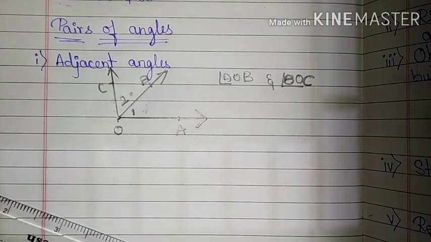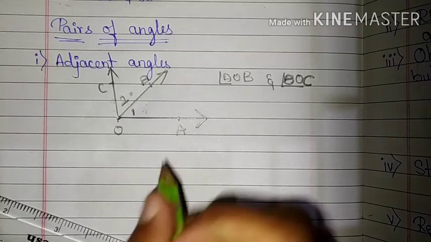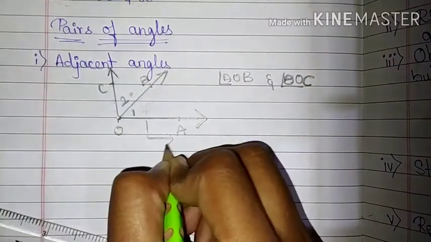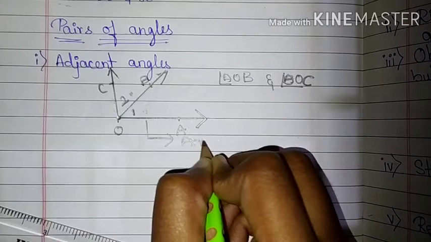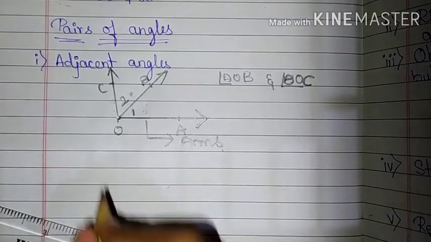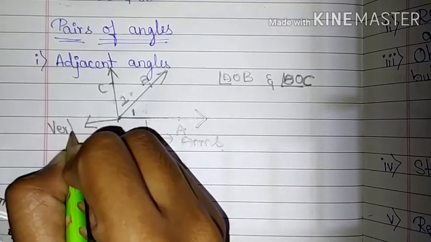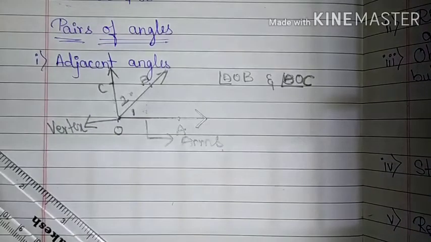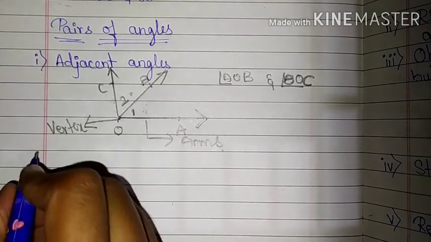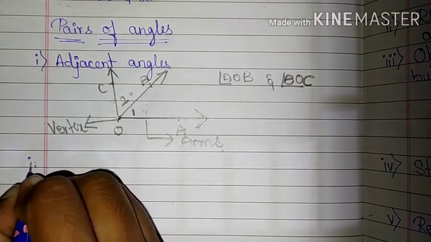Before we forget, these rays are known as arms, and this point is known as the vertex. Before you forget that, make sure you note it down. It is true for all angles.